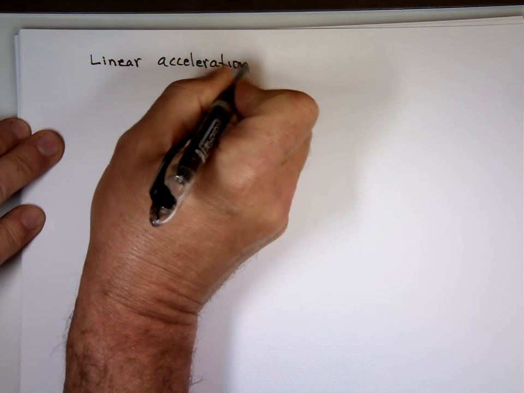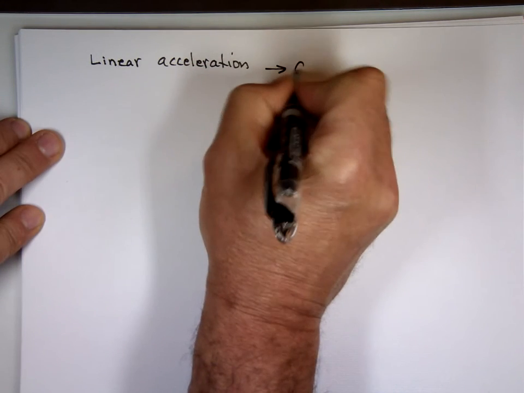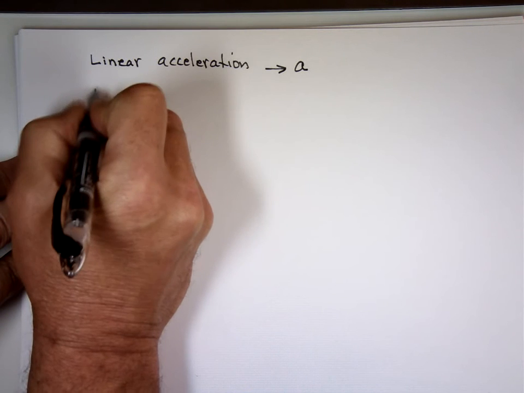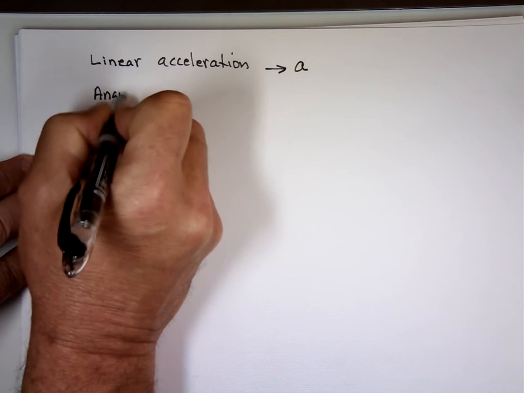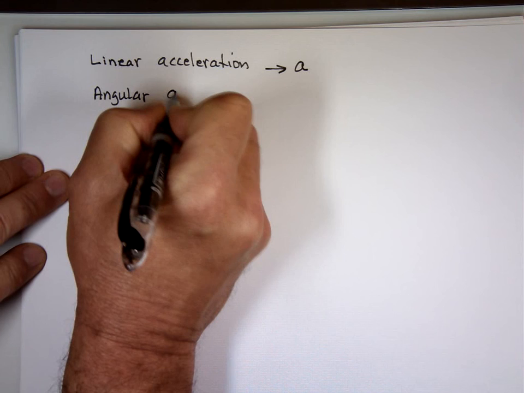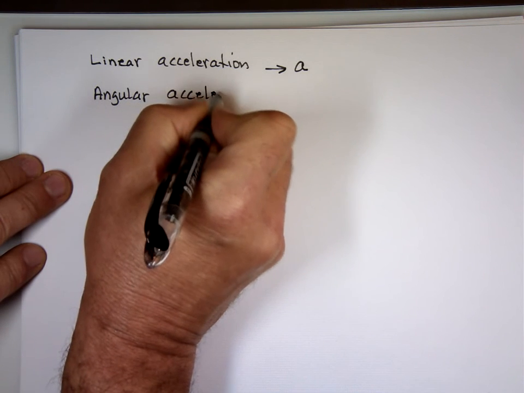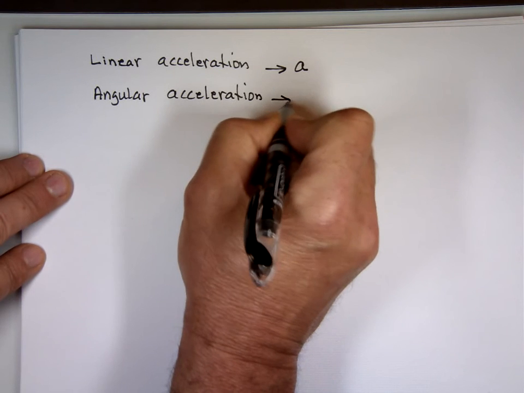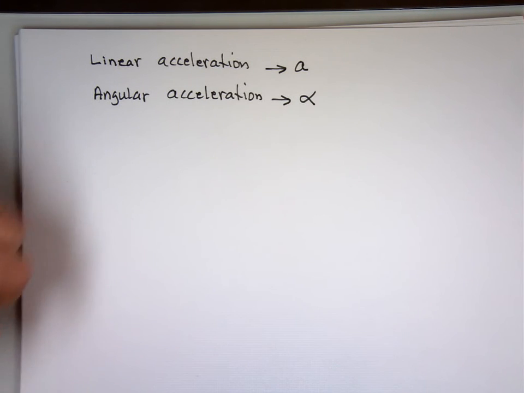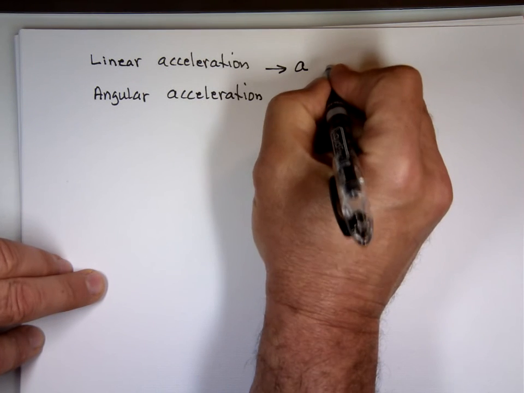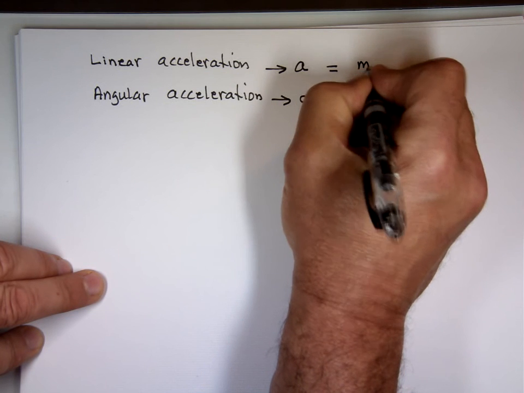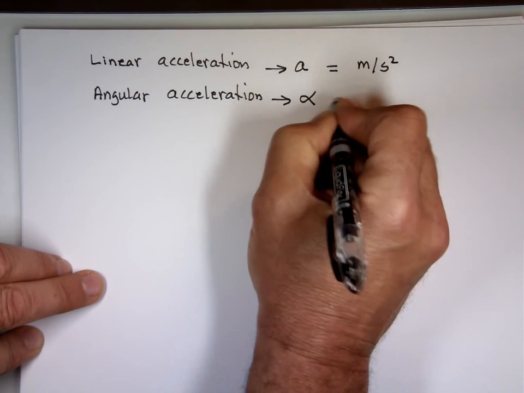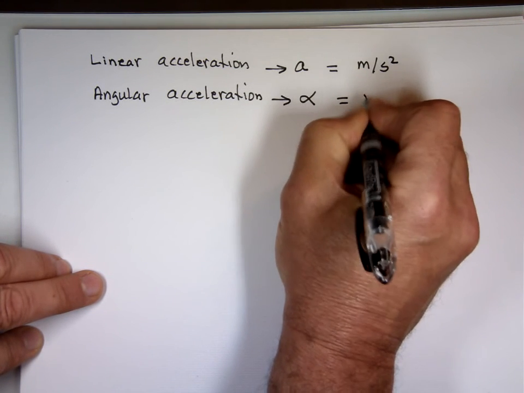We use the letter A. For angular acceleration, we use a Greek letter. It's called alpha. Looks like a fish. Alpha. For linear acceleration, the units are what? Meters per second squared. Here, what? Rad per second squared.